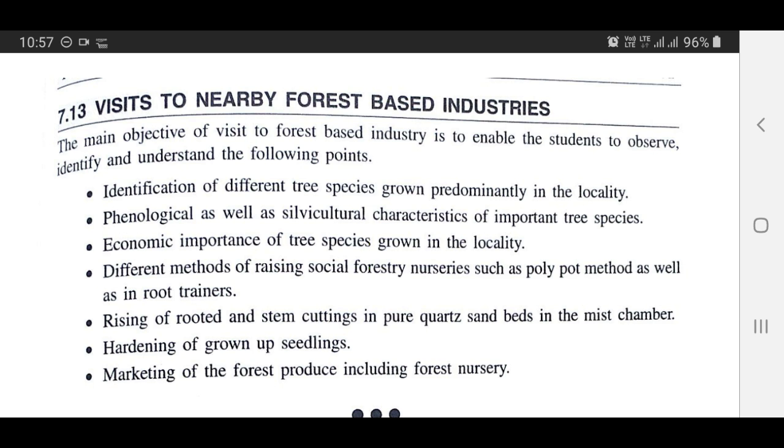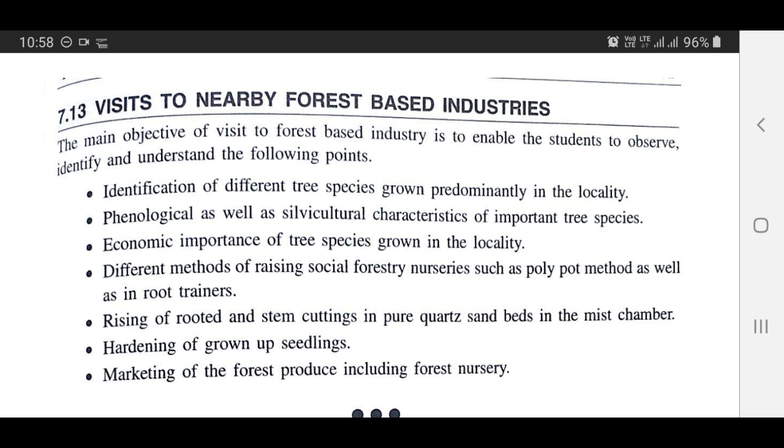We generally use quartz sand in the beds in which we plant the various forest species stems for rooting purpose so that they develop into individual plants in a short time. So this is also a nursery practice. So students should be familiar with the polypot method, the root trainers and pure quartz sand beds for the development of these various forest species generally used for plantation purposes in their locality.